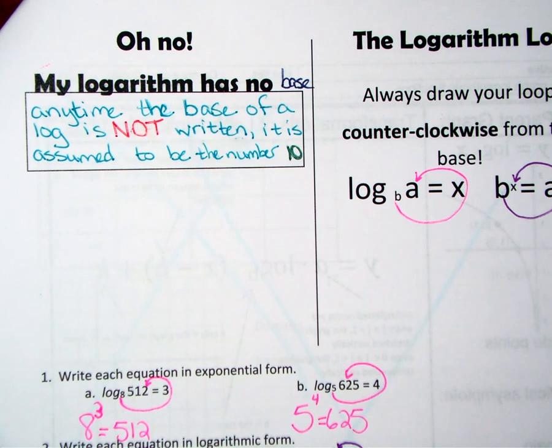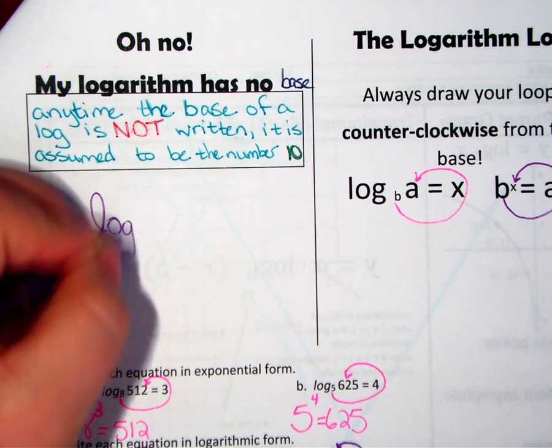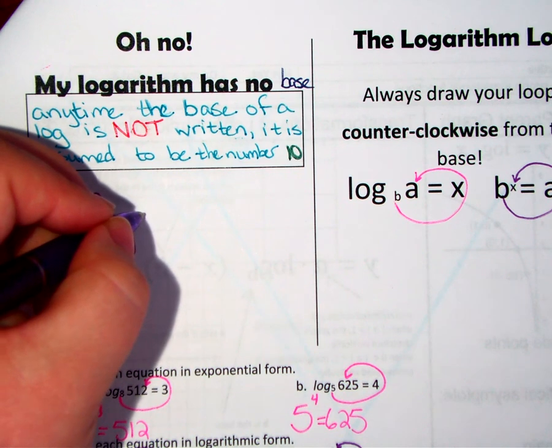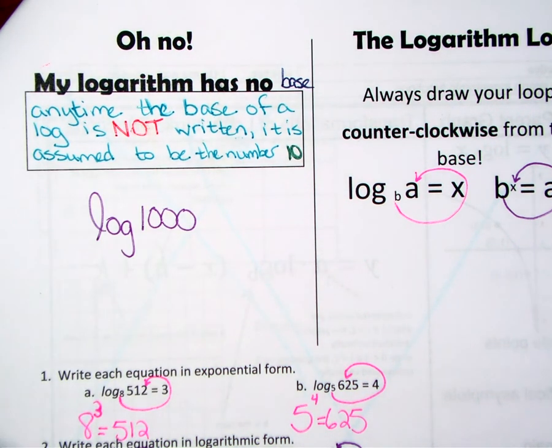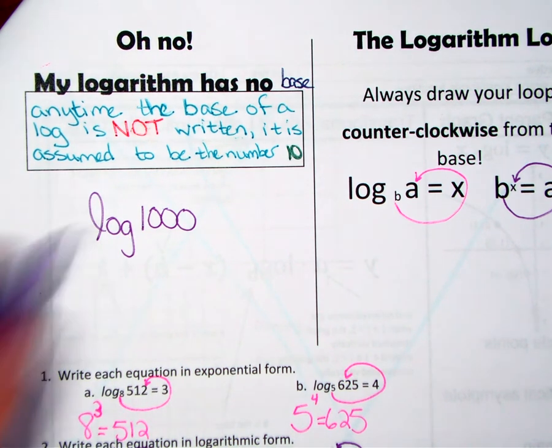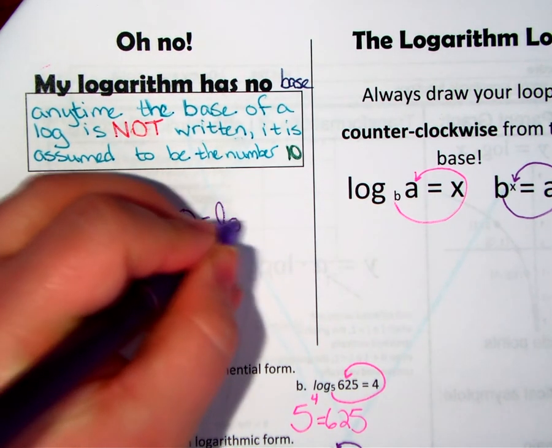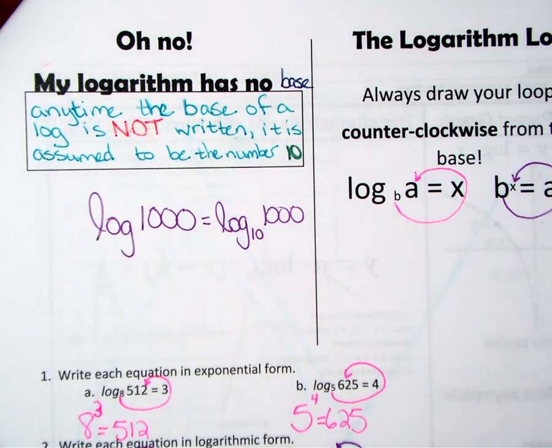So for example, I was given log of 1,000. There's no base written here. You should assume that the base is actually 10. Anytime that there's no base written, it's 10.